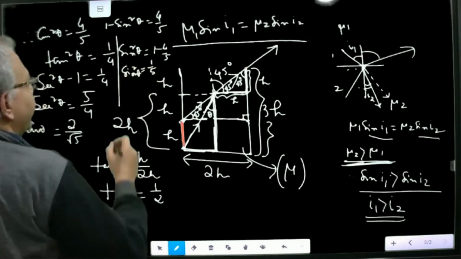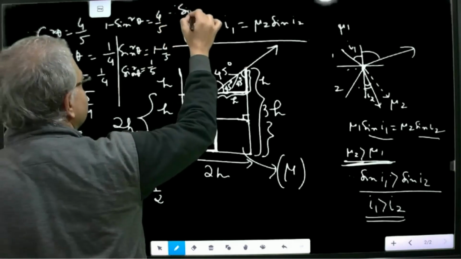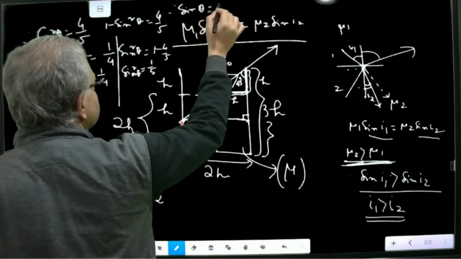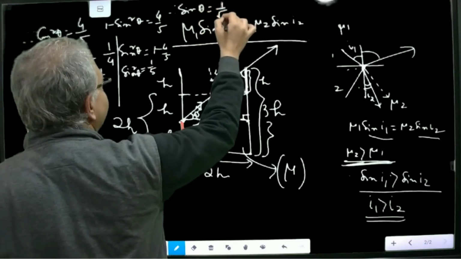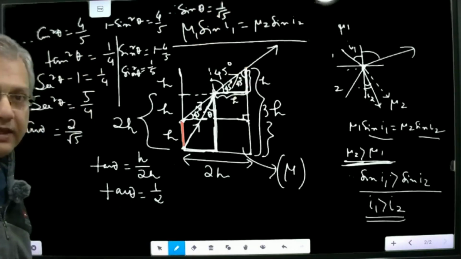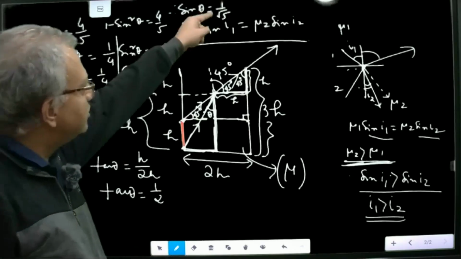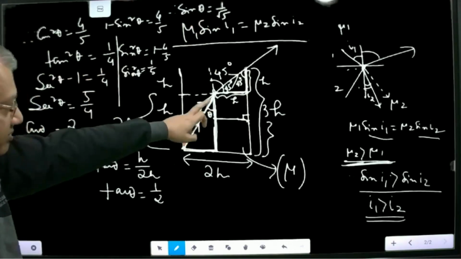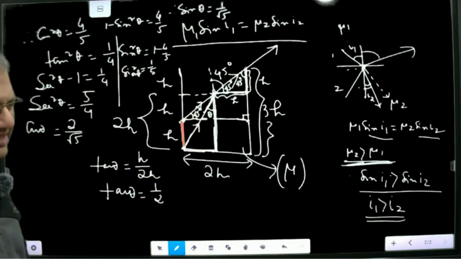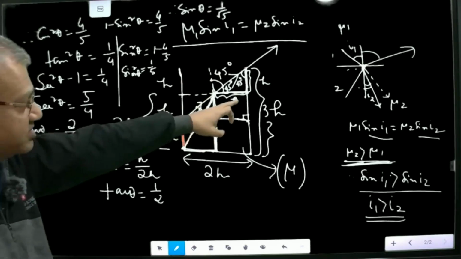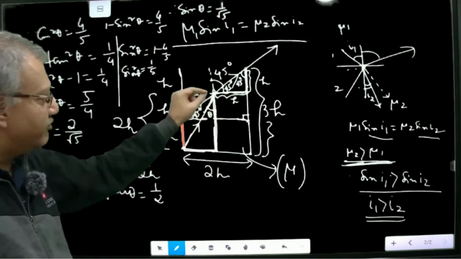Therefore, we can write sin theta is equal to 1 by root 5, isn't it? Sin theta is equal to 1 by root 5, which is found from this geometry. Simple trick, just observe these values and put them properly.